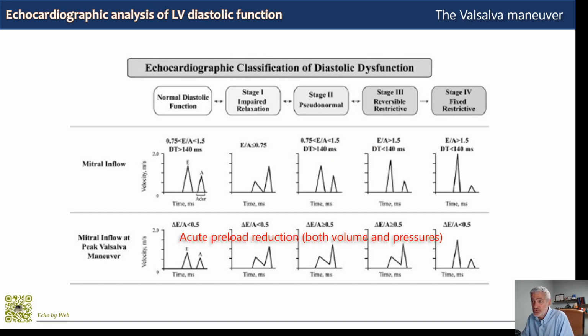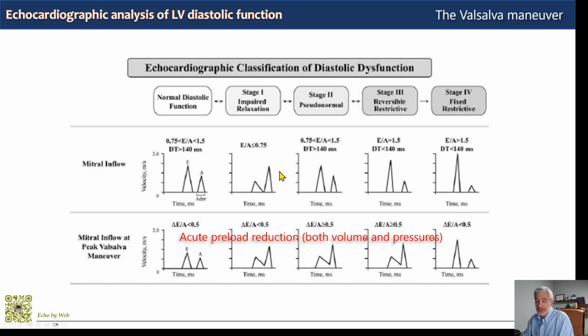If we reduce the filling pressures and the preload in patients who have increased baseline filling pressures and grade 2 or 3 diastolic dysfunction through an acute reduction in preload with Valsalva Maneuver, then the pattern will change from a restrictive or pseudonormal one to an impaired relaxation one. And this maneuver, this going back from stage 3 and 2 to stage 1, will confirm that we were indeed looking at a patient with high filling pressures.